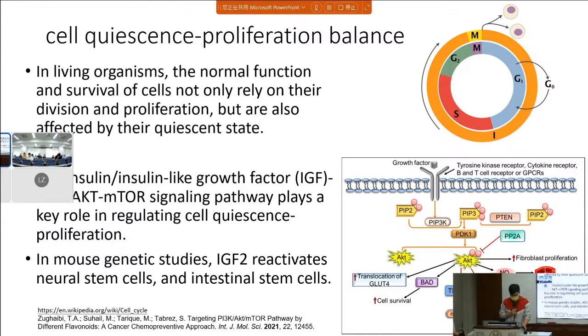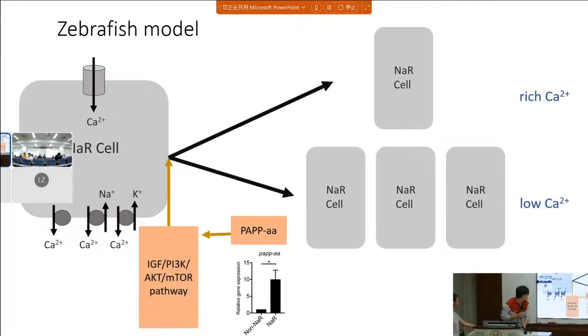In mouse study, it can reactivate the neural stem cell and the intestinal stem cell by IGF-2. Although the IGF signal pathway plays an important role in the regulation of quiescent proliferation, how the hormone pathway is advanced in a cell type manner remains a question.